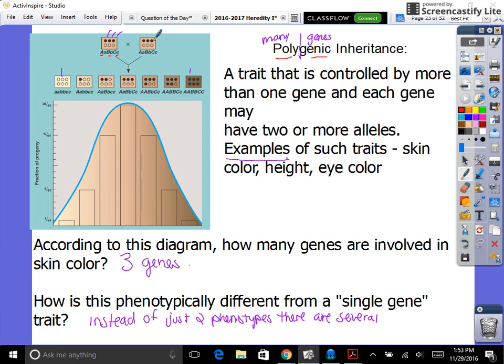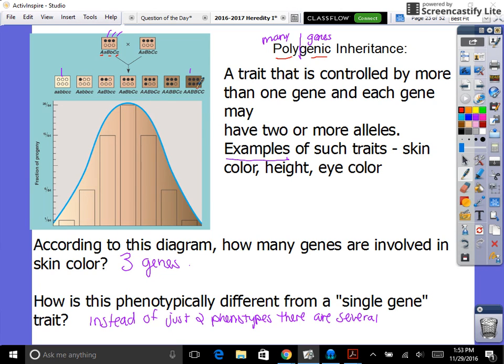And we'll say the shaded in circle represents the dominant allele for those genes, and the unshaded represents the recessive allele. So this individual would have all of the recessive alleles for the 3 genes, and therefore they'd have a very light skin tone. They aren't producing a lot of melanin.